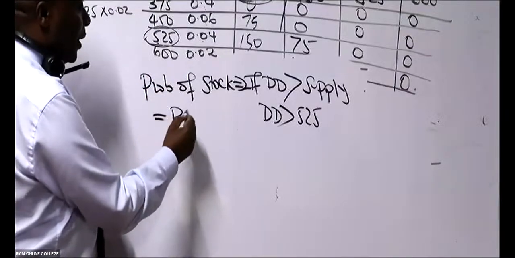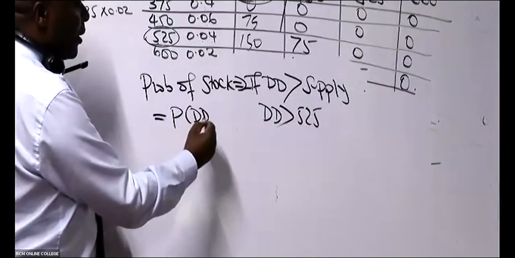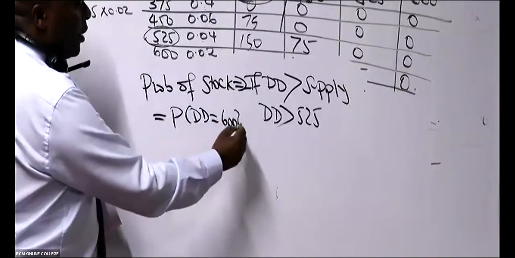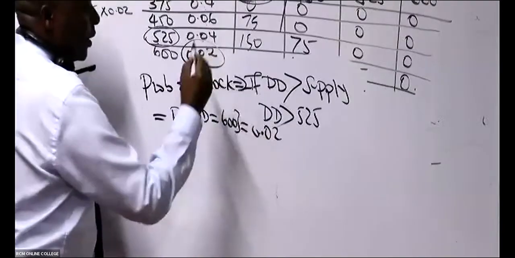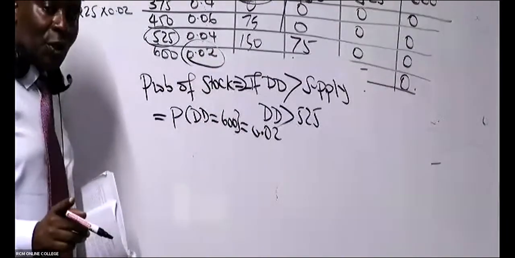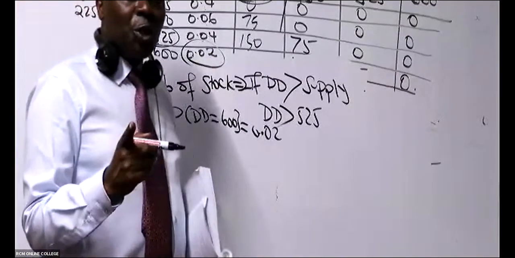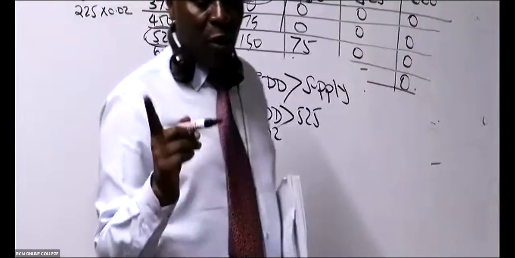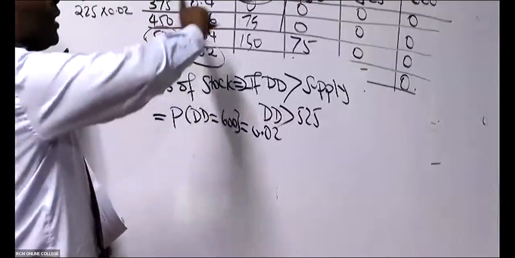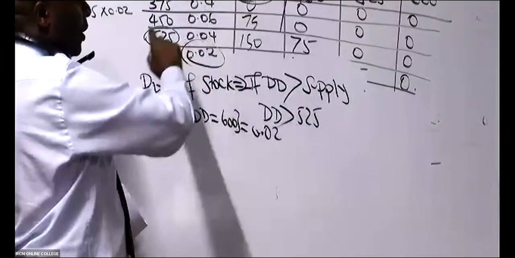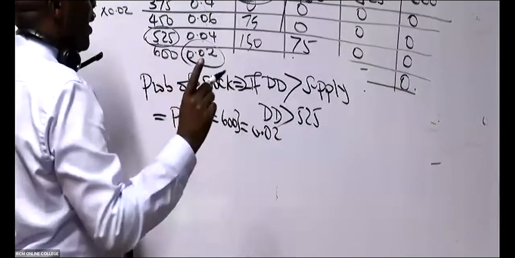This is the probability of demand being equal to 600, which is this 0.02. So we only have one event in which we see ourselves running out of stocks, if we supply 525 as per the optimal safety stock.